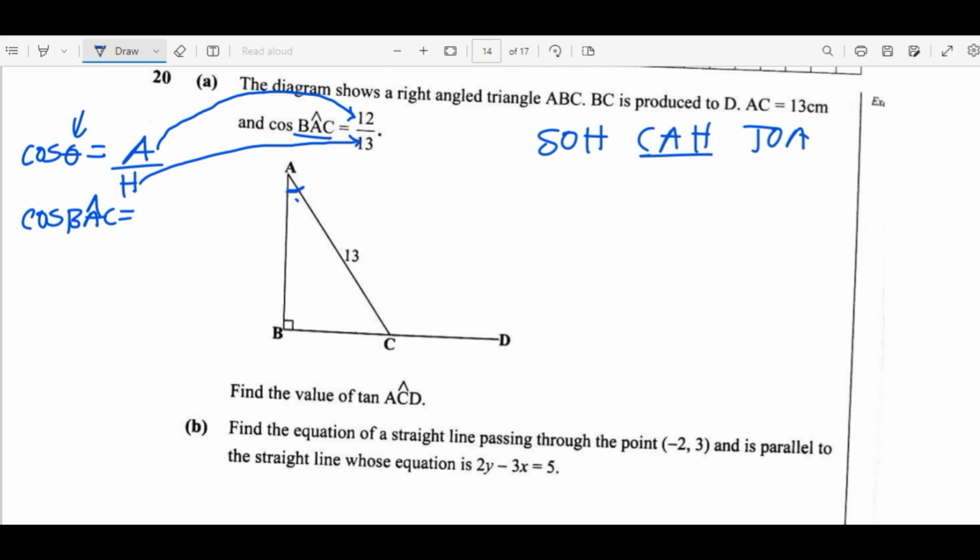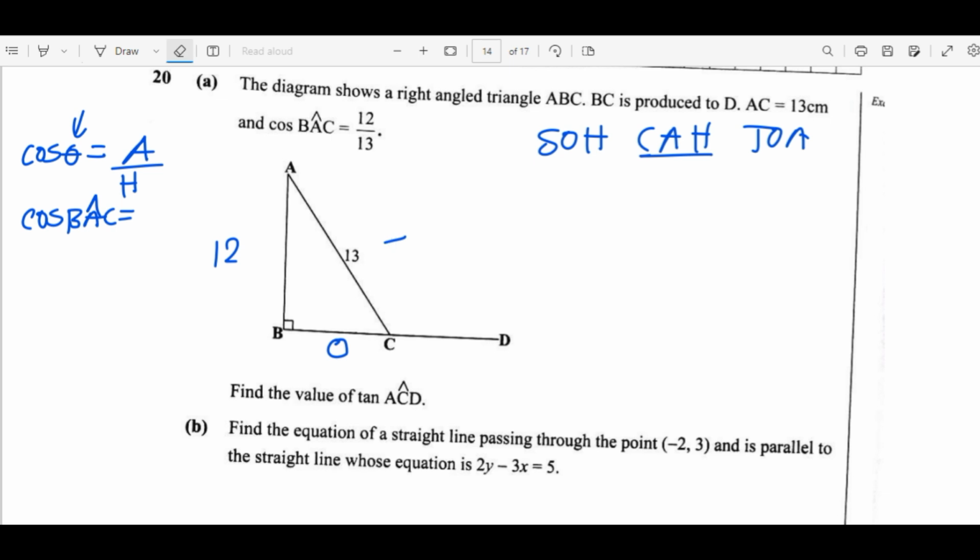So if the angle of consideration is here, this is our opposite, this is our adjacent. So from that, 13 is the hypotenuse. Then this 12 is our adjacent. Okay, so that cos has helped us to indicate these numbers and to show where they are supposed to be.